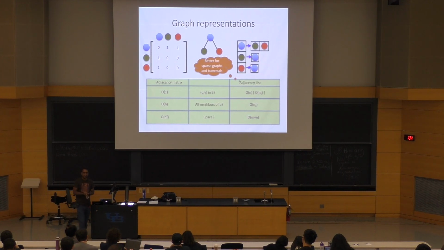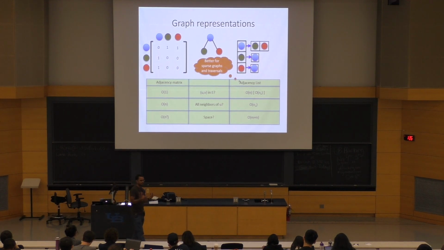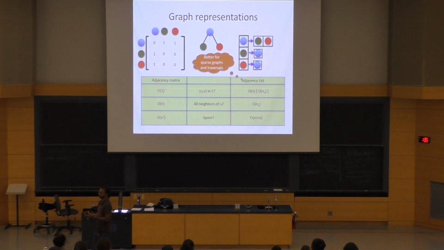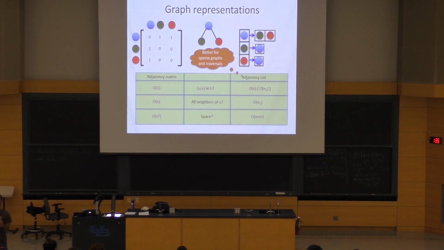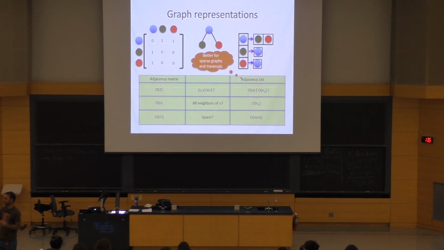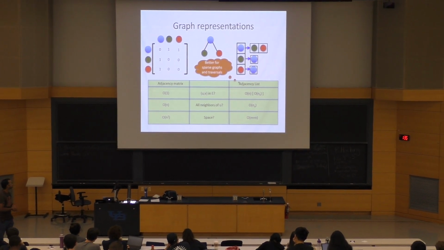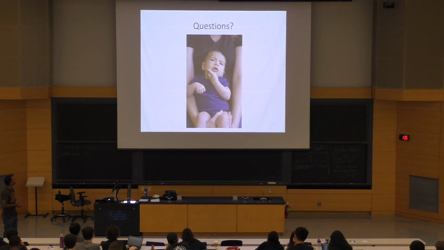So if your graph is sparse, i.e. the number of edges is, say, comparable to n, which tends to happen for most real-life graphs, then adjacency list is the way to go. So what that means is, if, say, Google is dealing with graphs, you can bet that they're not using an adjacency matrix, right? Because the graphs are huge. They're actually probably not even using adjacency list, but definitely not adjacency matrix.